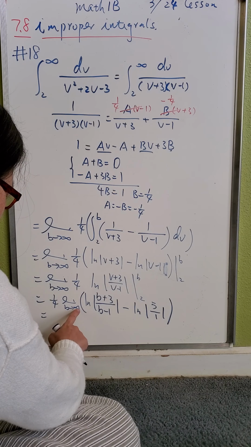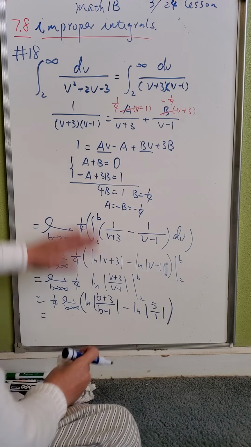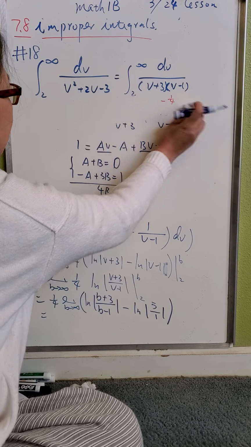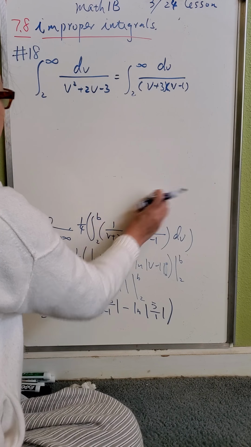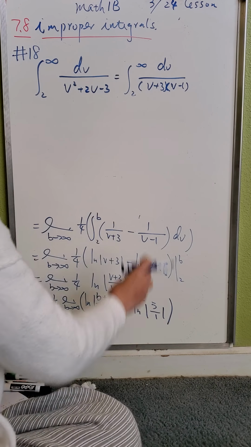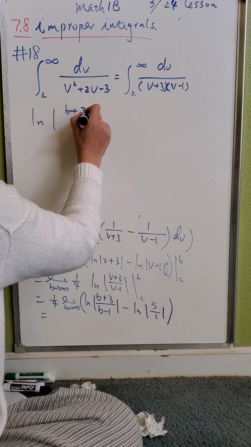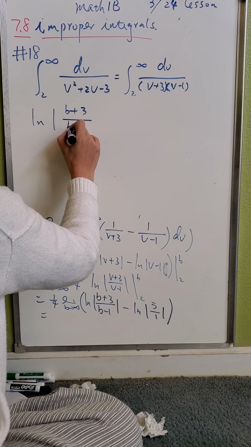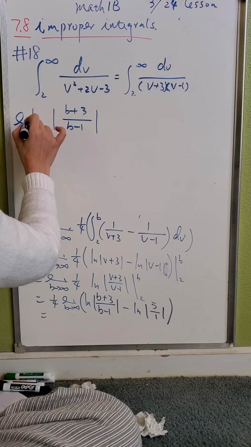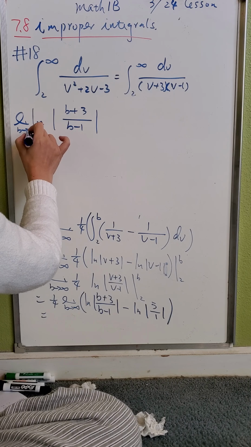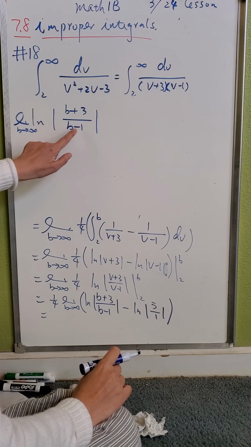Now, when b goes to infinity, I forgot to put the ln. So ln of the limit as b goes to infinity of (b plus 3) over (b minus 1).